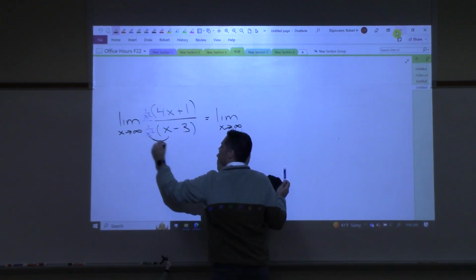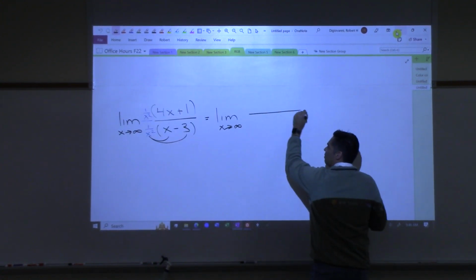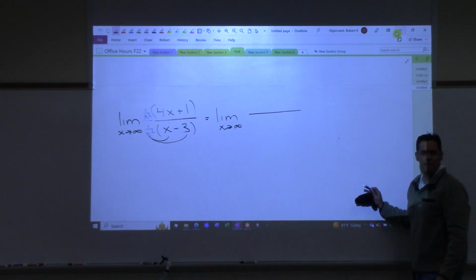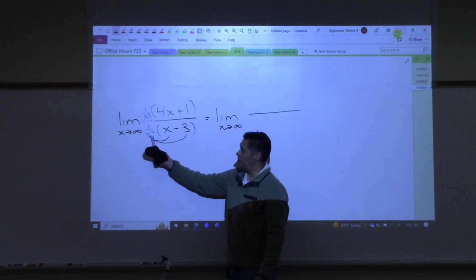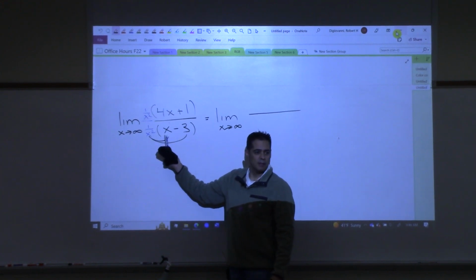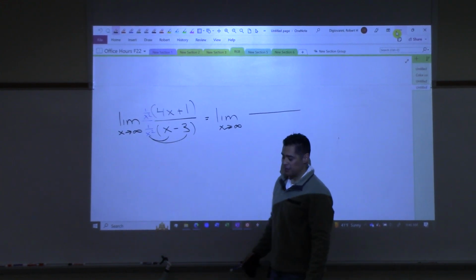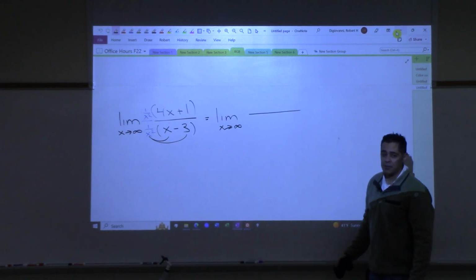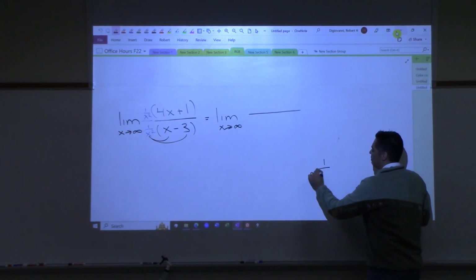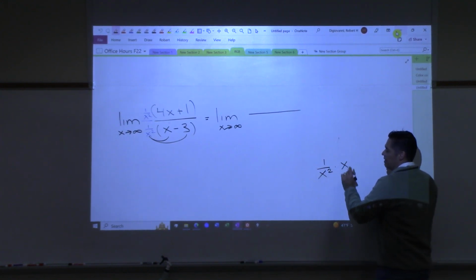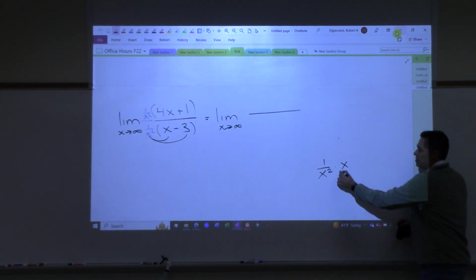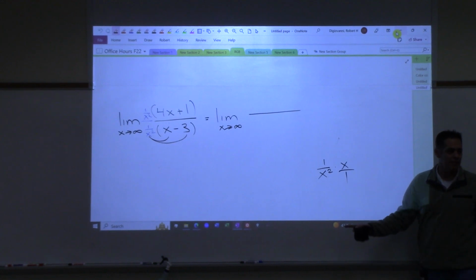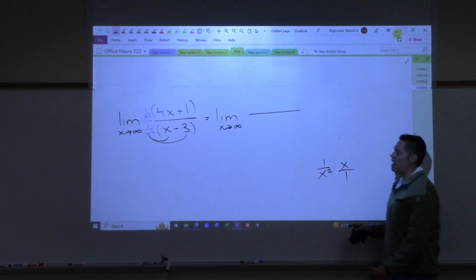On the bottom, let's do the bottom first. What would that first term be? What's this times this? 1 over x. Come on, everyone. This is just algebra, right? This times this is the same as this times that. Cancel on x, right? This is 1 over x.